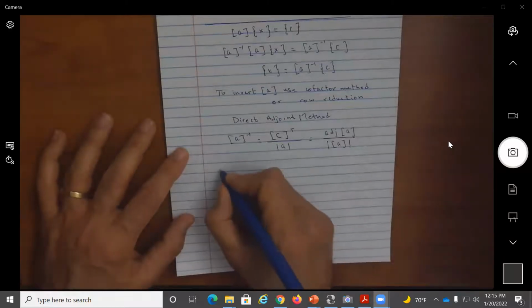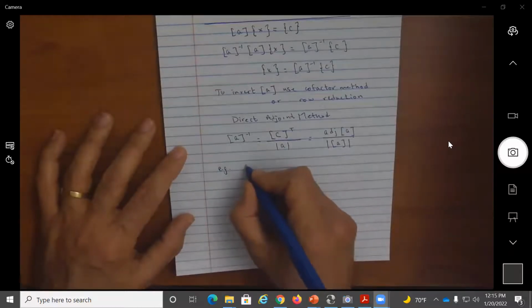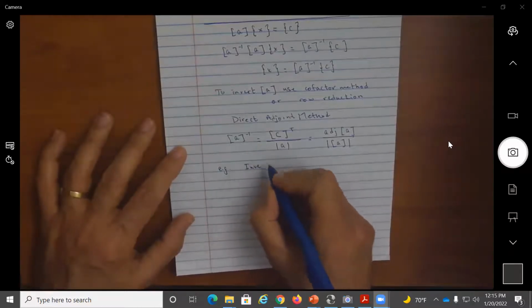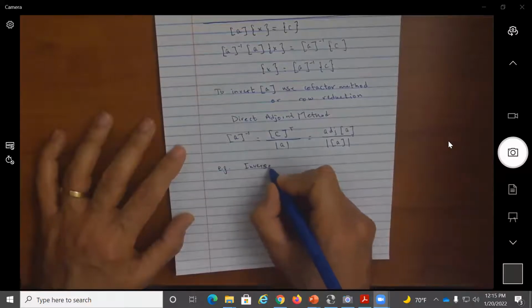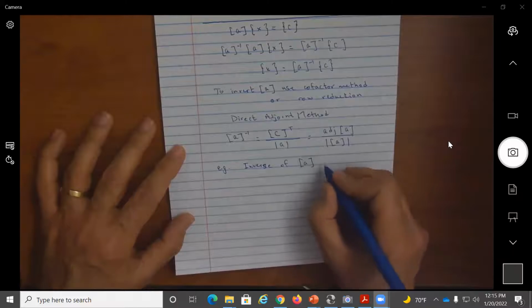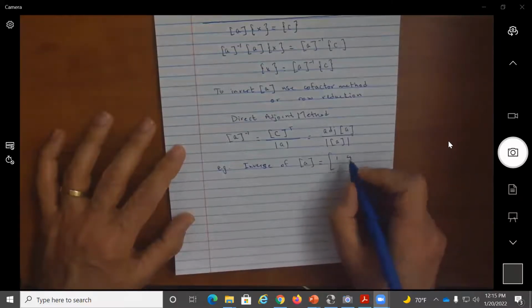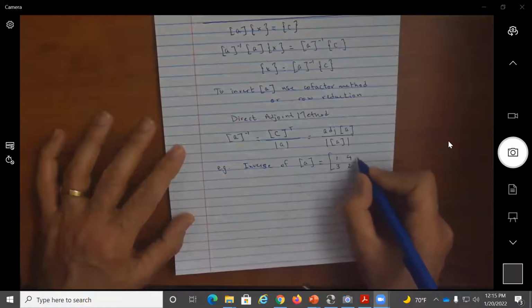So for example, if we want to find the inverse of A, and A is a 2 by 2 matrix where I have 1, 4, 3, and 2.